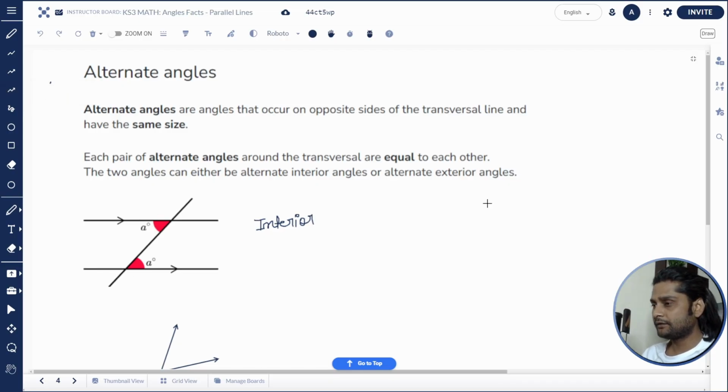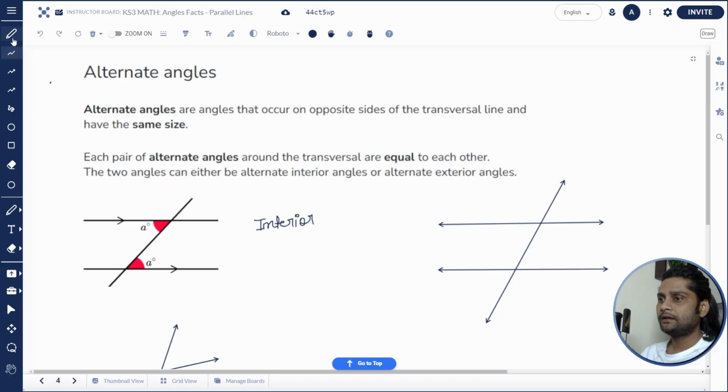On the other hand, let's say we have the same example with two parallel lines and the transversal intersects them, and the angles are formed somewhere outside, still on opposite sides of the transversal. So if this angle is, suppose, x, this will also be x. Why? Because the lines are parallel, and this time the angles are called alternate exterior angles. Why? Because they lie in the outer region, or the exterior region, of our parallel lines.